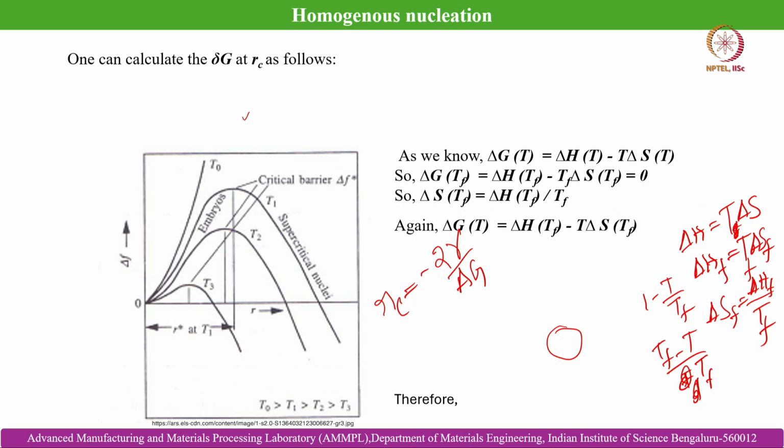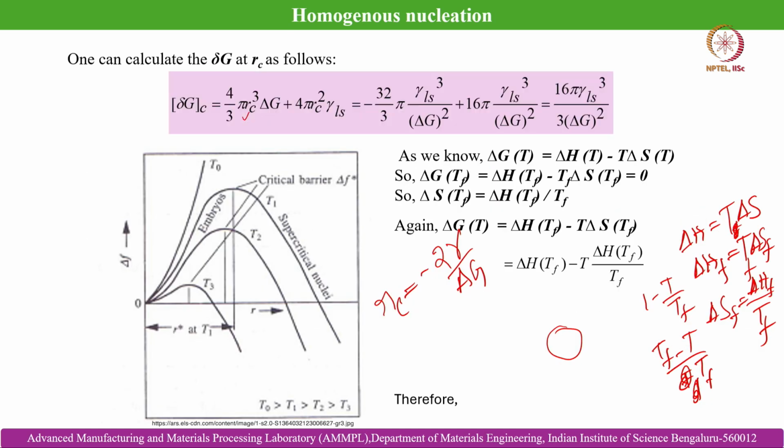If we place it here, then finally we arrive at this expression, that is 16 pi gamma Ls cube by 3 delta G whole square.